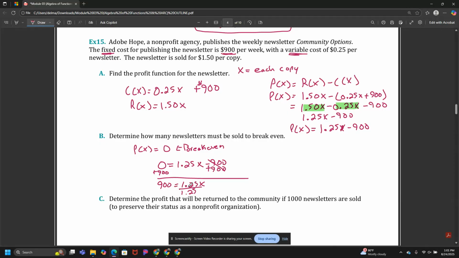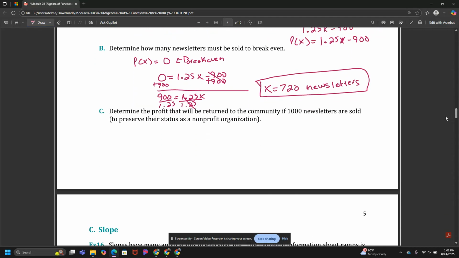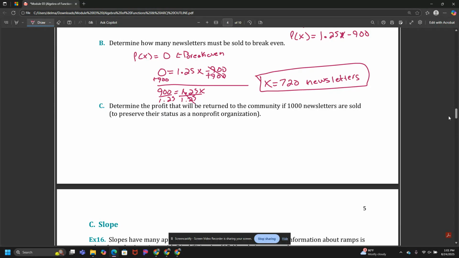Going to need to divide by 1.25 on both sides to get x by itself. X is going to equal 720 newsletters. So they have to sell at least 720 newsletters before they've at least made $0 in profit.